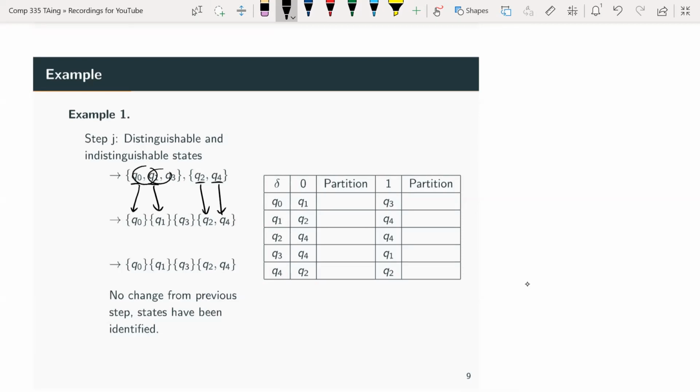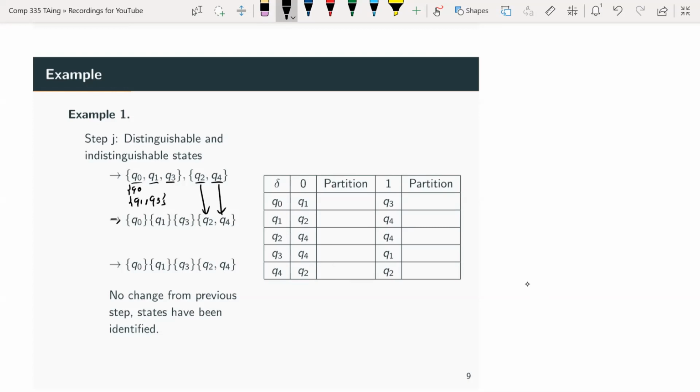Maybe Q0 and Q1 are distinguishable, so they go in different partitions. But then maybe Q3 is indistinguishable with Q1, so it would go with Q1. This isn't what happens in this case, but it could occur in another DFA.